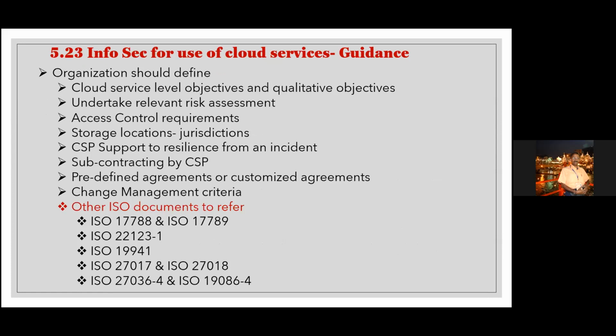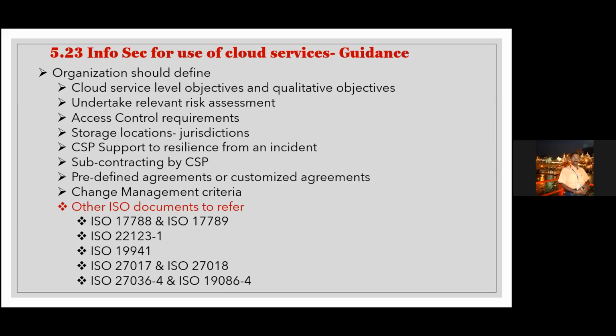And further, the organization should define cloud service level objectives and qualitative objectives, undertake relevant risk assessment, access control requirements, storage locations and jurisdictions. This is very specifically mentioned in the new version, about the jurisdictions and where the cloud service provider is going to store the data, in view of the privacy regulations coming all over the world.